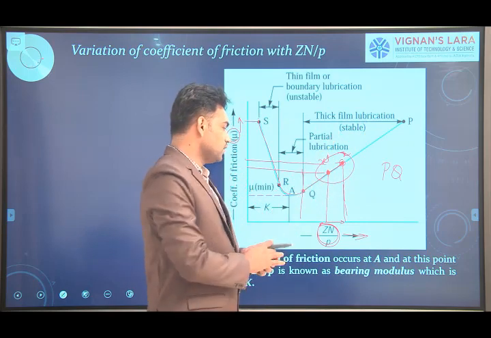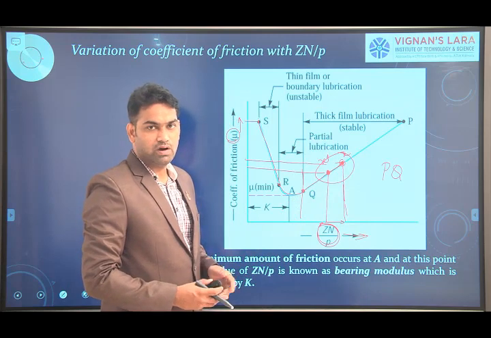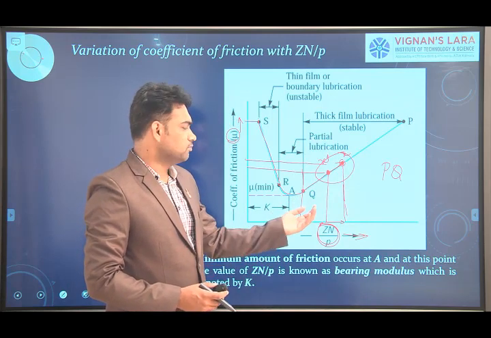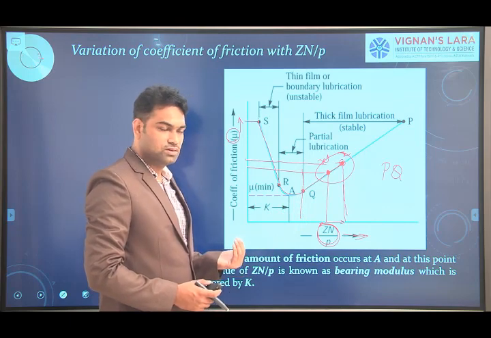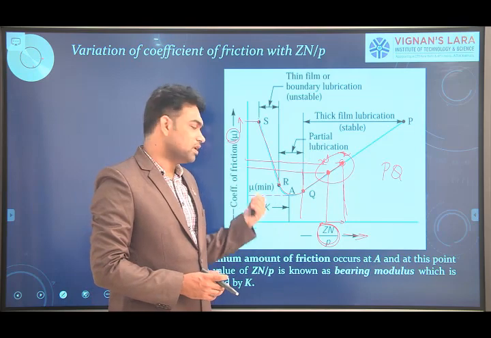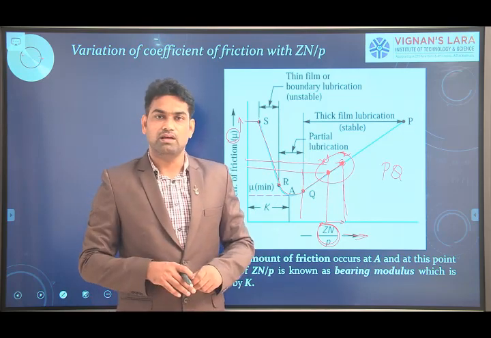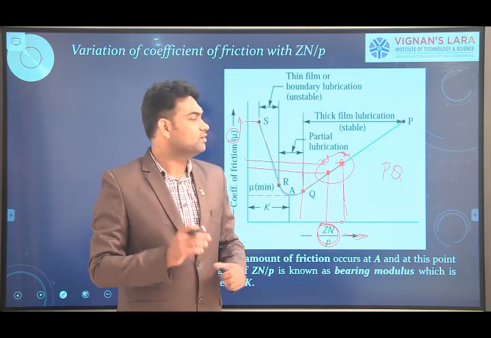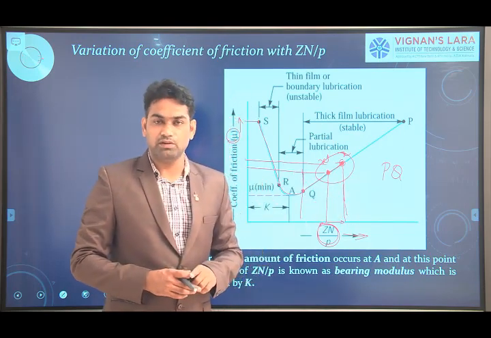Whenever you operate the bearing at point Q, what will happen immediately? With increase in temperature, ZN by P value is going to decrease, so the bearing will fall under the mixed region, or it may go below into the thin film region, which is not desired in any bearing condition. So the bearing should always operate in the stable region in the thick film, that is P to Q.